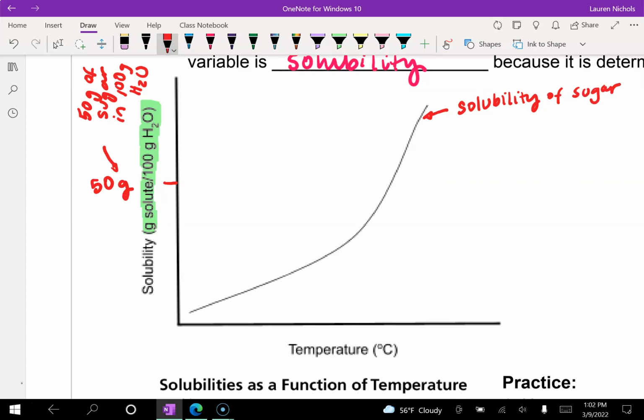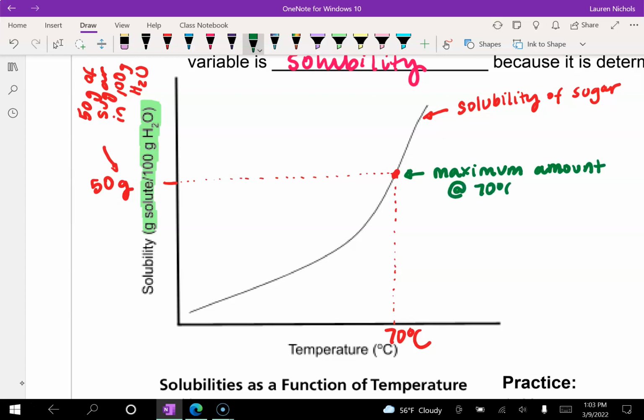Okay, but if we look at 50 grams, and we go all the way to where the line is, and then look at what temperature that's at, let's say that's at 70 degrees Celsius. That means this point, 50 grams of sugar dissolved at 70 degrees Celsius, would be considered the maximum amount of sugar that can dissolve at 70 degrees Celsius.